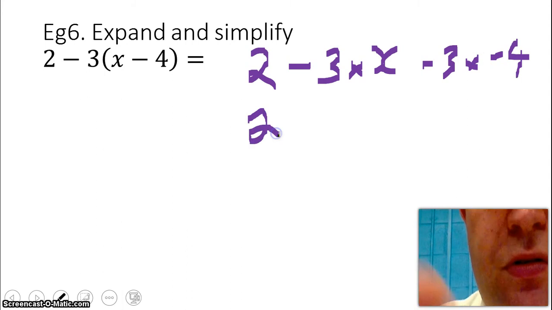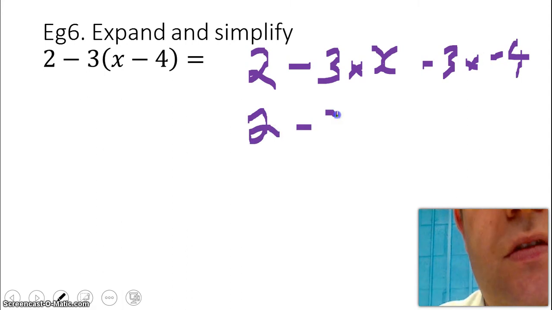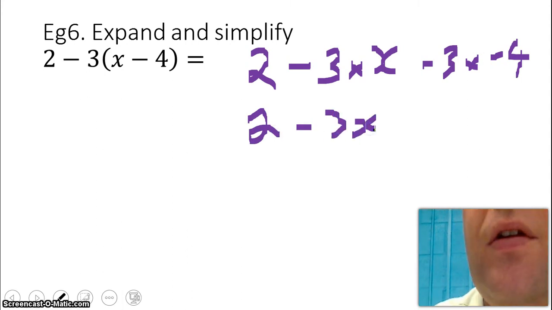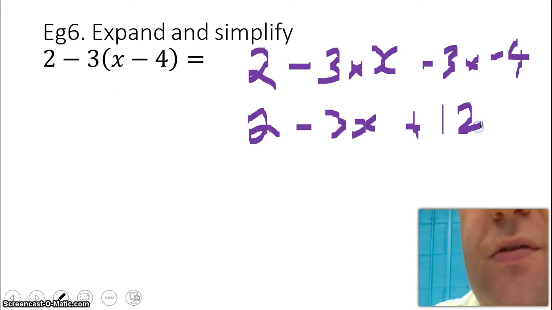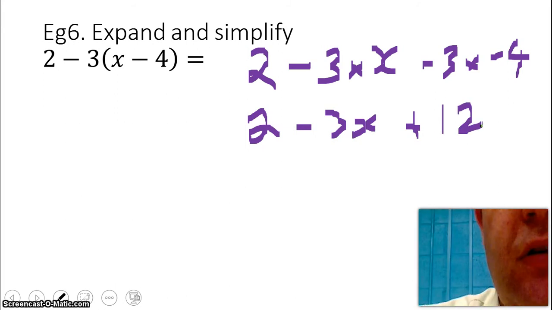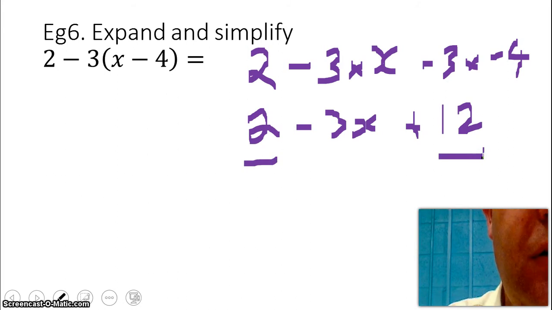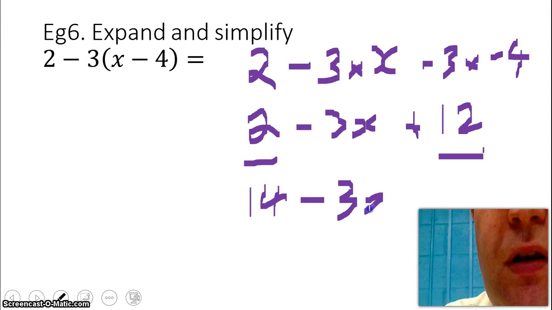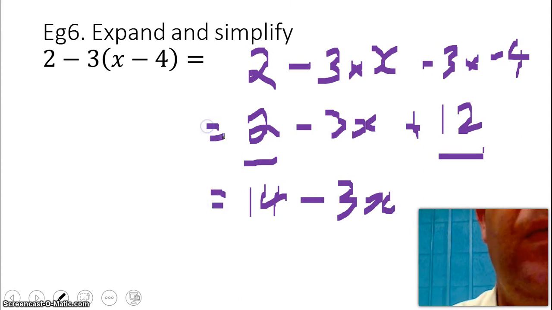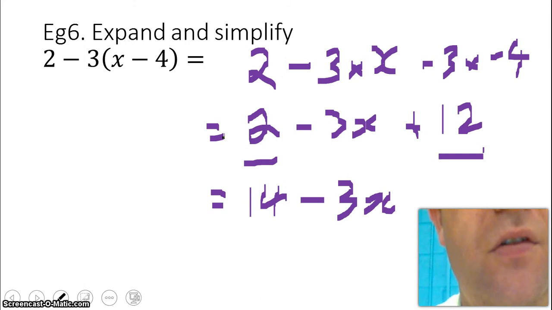So we've got the 2, still the same, minus 3x, two negatives make a positive, plus 12. Now we've got 2 and 12, they're both like terms, so we can add those, and end up with 14 minus 3x. It doesn't matter if you had the minus 3x in front, makes no difference whatsoever.